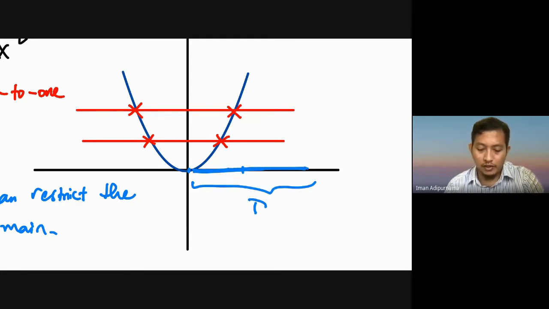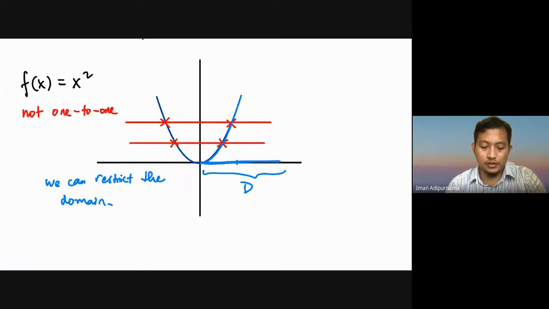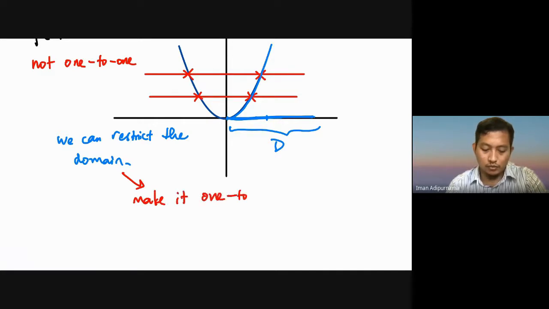This will be the domain. So we'll have a new curve here, which is a one-to-one function. Now it's a one-to-one function.